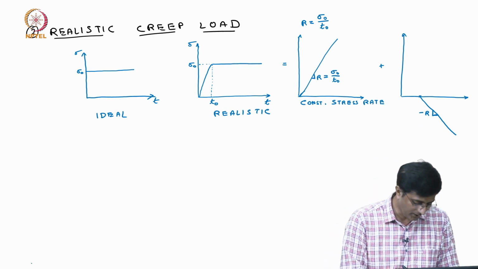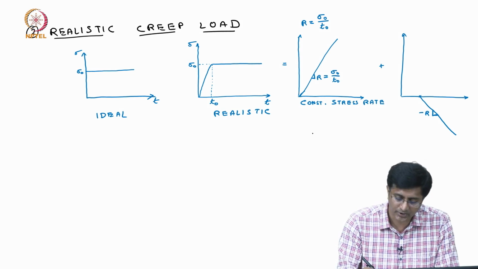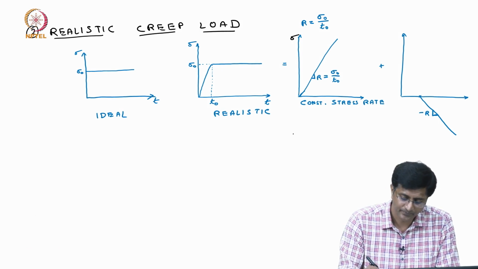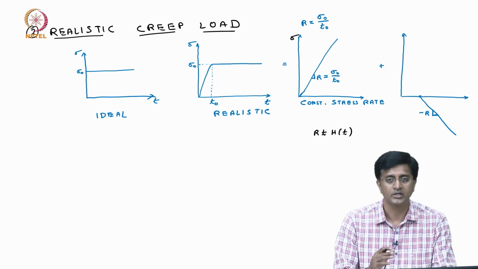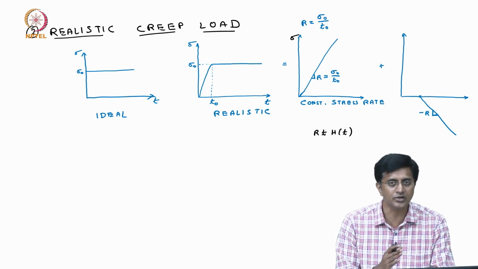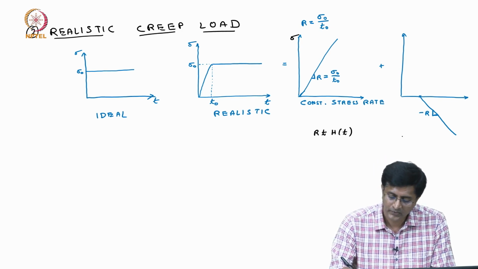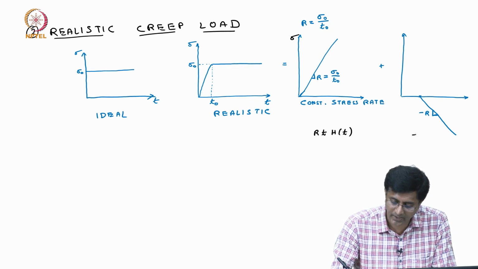Now, let us see how we write the equation in terms of functions. For the first step function, it can be written as stress sigma is R t times H of t. This Heaviside function ensures that the loading only starts from time t equals 0, and for time less than t equals 0, there is no load. And for the second step function, it is minus R, and it starts at time t naught.